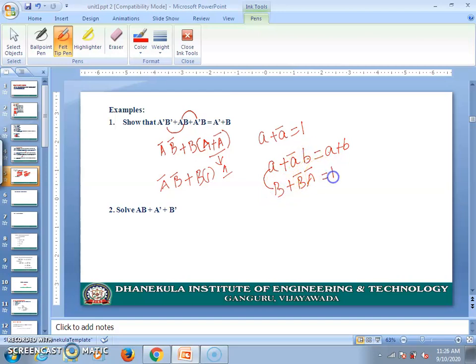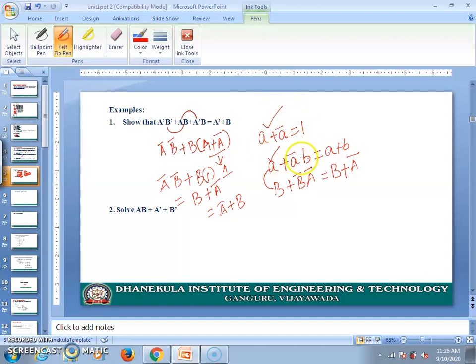That means the final expression is B plus A bar. So the final answer is B plus A bar, and it is written like this: A bar plus B. So totally we have used two laws: first one is an OR law and the second one is the auxiliary law.